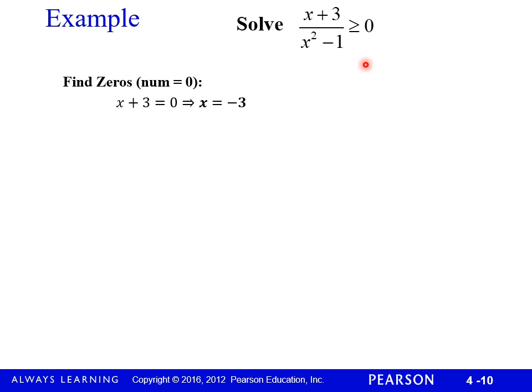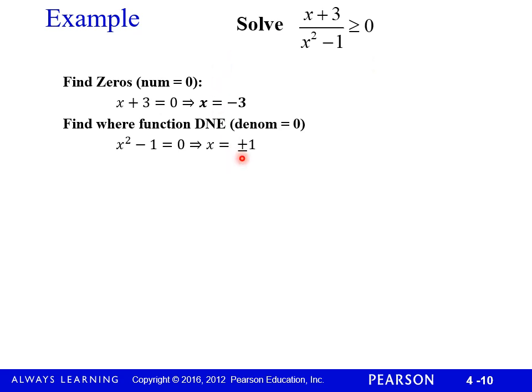And so for this we get x equals -3. Then we're going to find where the function doesn't exist, and this is by setting the denominator equal to 0. And we get x squared minus 1 equals 0, which gives us x squared equals 1, or x equals the positive or negative square root of 1, or x equals positive or negative 1.